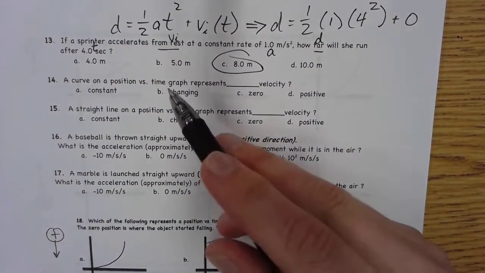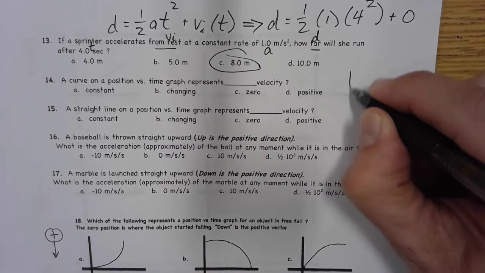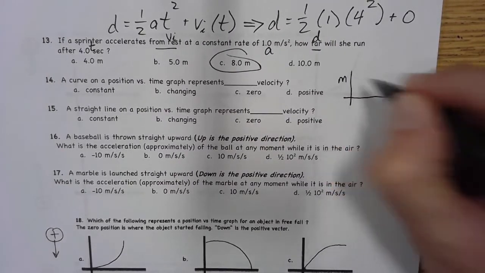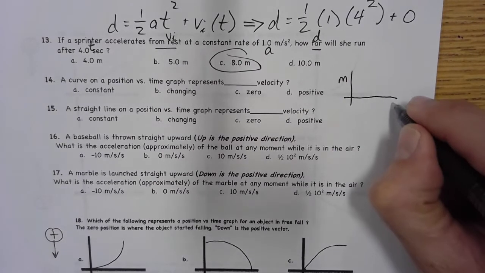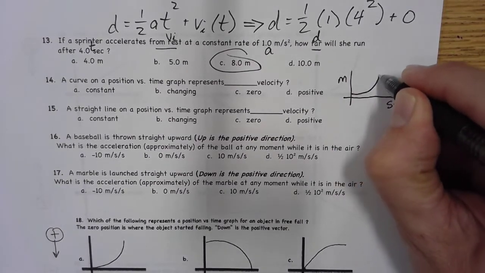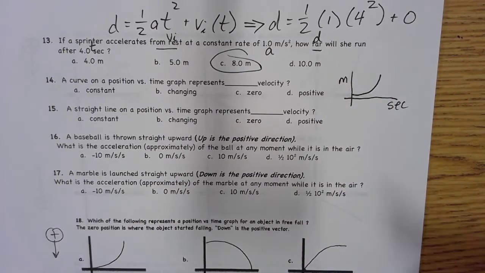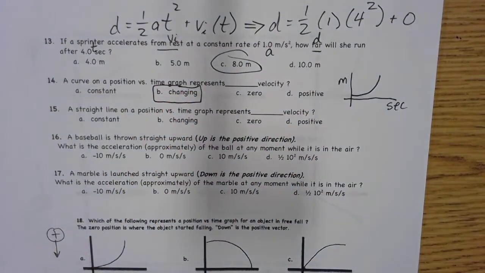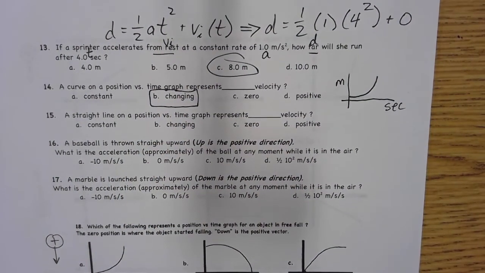Okay, so a curve. Whenever I see a graph question, I just take a deep breath. Position on my y, time on my x. I draw a curve. That is dropping a ball from the tallest tree. That is things speeding up. That is a velocity that changes.